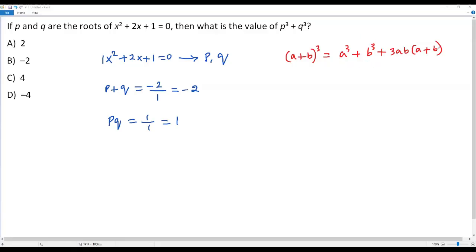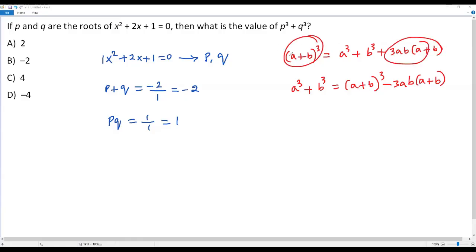For that, we have to subtract 3ab times (a + b) from both sides. In that case, I'm getting a cubed + b cubed = (a + b) whole cubed - 3ab times (a + b). So that's the result for a cubed + b cubed.